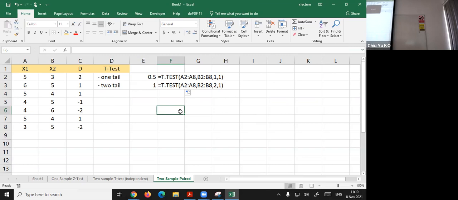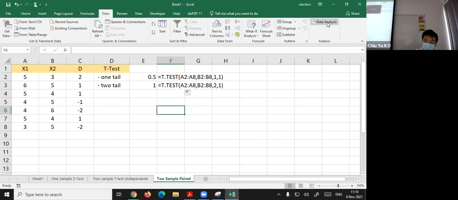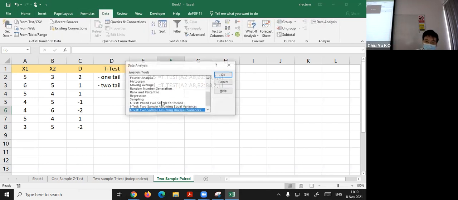If you understand, fine, it doesn't really matter. But anyway, let's do the Data Analysis add-in. There's a t-test: paired two sample for means.